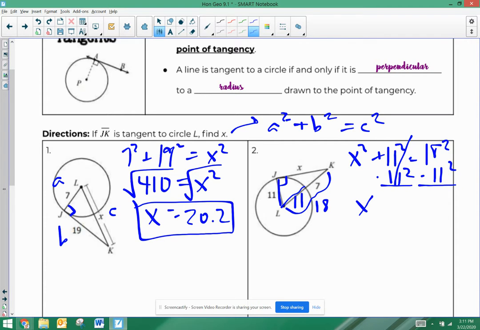Get x squared equals 18 squared minus 11 squared, 203. Take my square root. And then I get x equals 14.2.